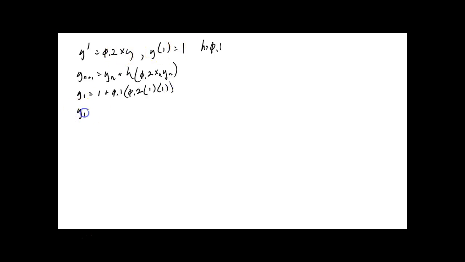So your y1 becomes, this should be doable in your head, 1 times 1 is 1, so that's 0.2 times 0.1 is 0.02, and 1 plus that is 1.02. That's an exact answer, okay? And that would be your estimate for 1.1.